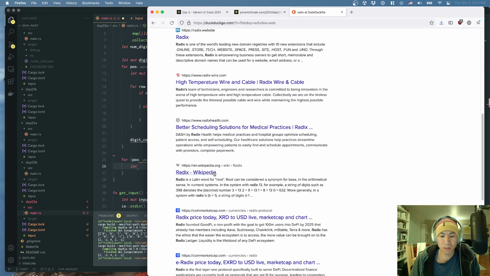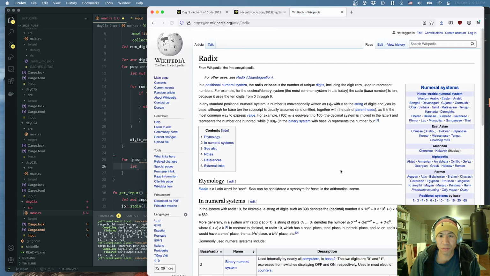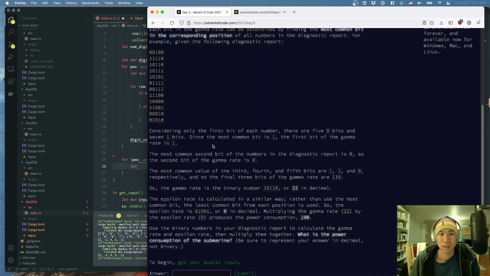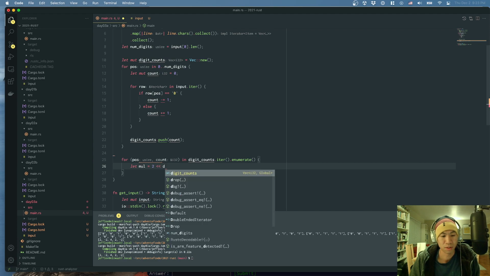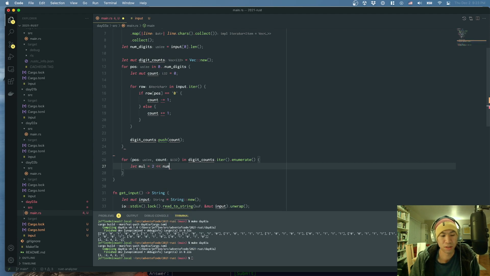Too bad there's too many things branded radix. Radix is the base. Let's just call it the multiplier, or mul. We're going to say it's 2 raised to the power of num digits minus the position, right?